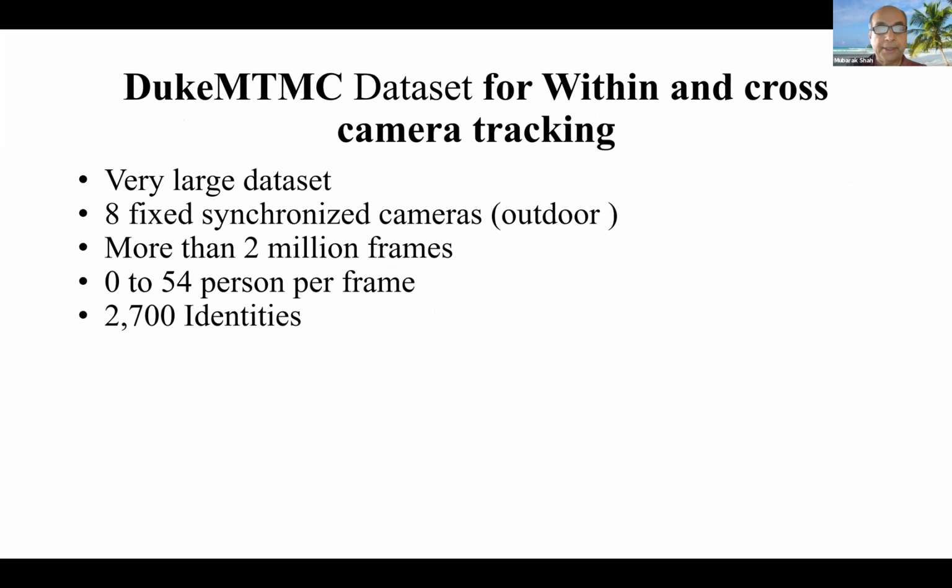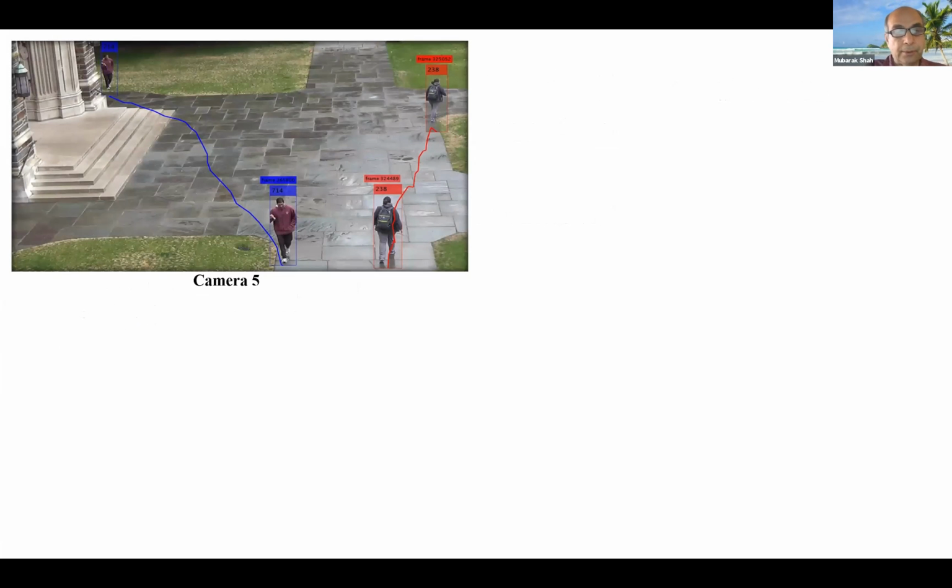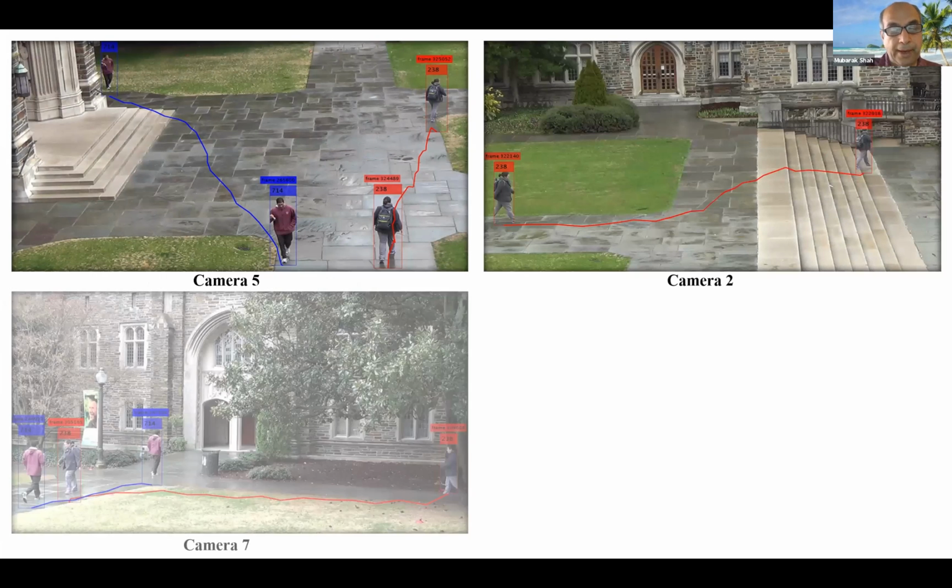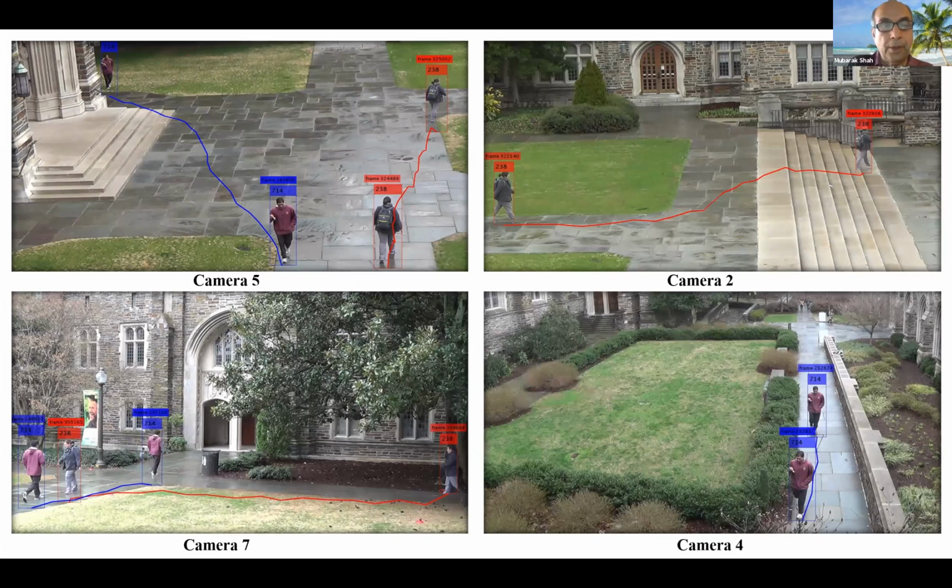We did these experiments on the Duke dataset, which is a very large dataset, 8 fixed cameras, more than 2 million frames, and about 0 to 50 people per frame, and about 2,700 identities. Some of these qualitative results, as you see, we are looking at cameras 5, 2, 7, and 4.